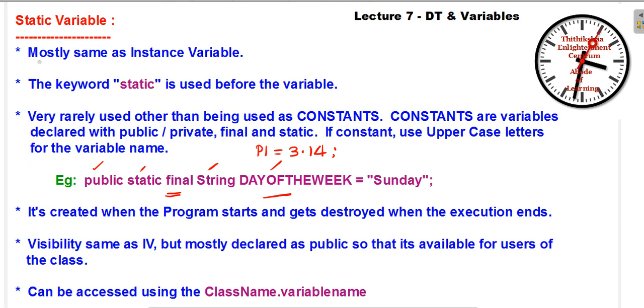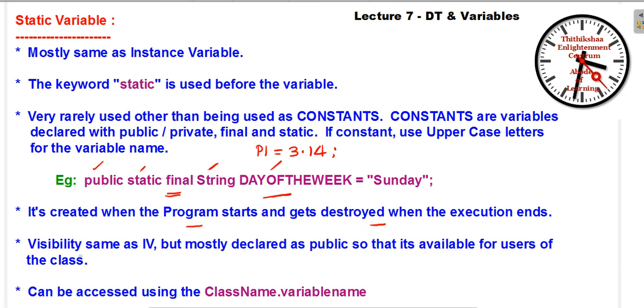Instance variables are created when you use the new keyword and destroyed when garbage collection is done. But here it's created when the program starts and destroyed when the execution ends.